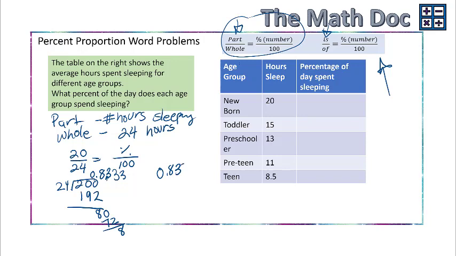So 0.833 equals percentage divided by 100. So how do we figure out what the percentage is? We multiply both sides by 100, right?